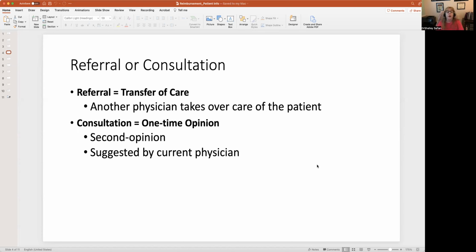Okay. So a referral is when a physician refers the patient, typically to a specialist. And that specialist is going to take over the full care of the patient for that specific thing.